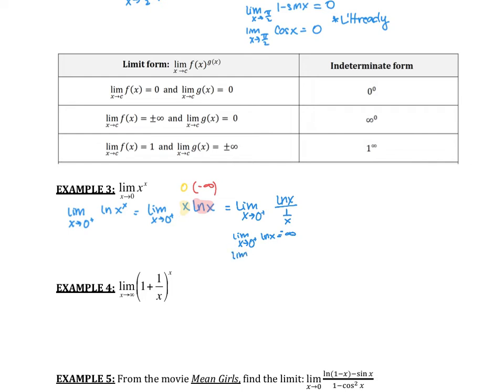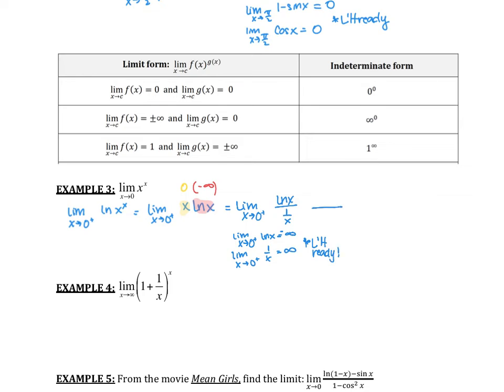And the limit as x approaches 0 from the right of 1 over x is positive infinity, because 1 over x is a rational function. There's an asymptote there. This tells me it's L'Hopital ready.